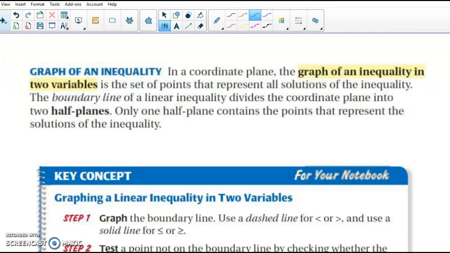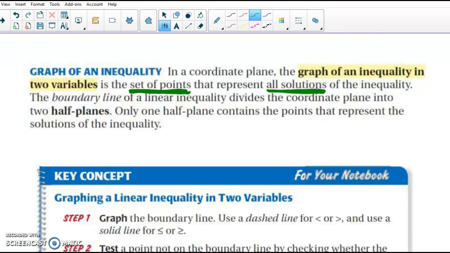Now here is the next thing that you need to know about graphing inequalities. Obviously, with two variables, it's going to look very different than graphing inequalities in one variable. So in a coordinate plane, the graph of an inequality in two variables is the set of points. So this is going to be lots and lots of points that represent all solutions of the inequality.